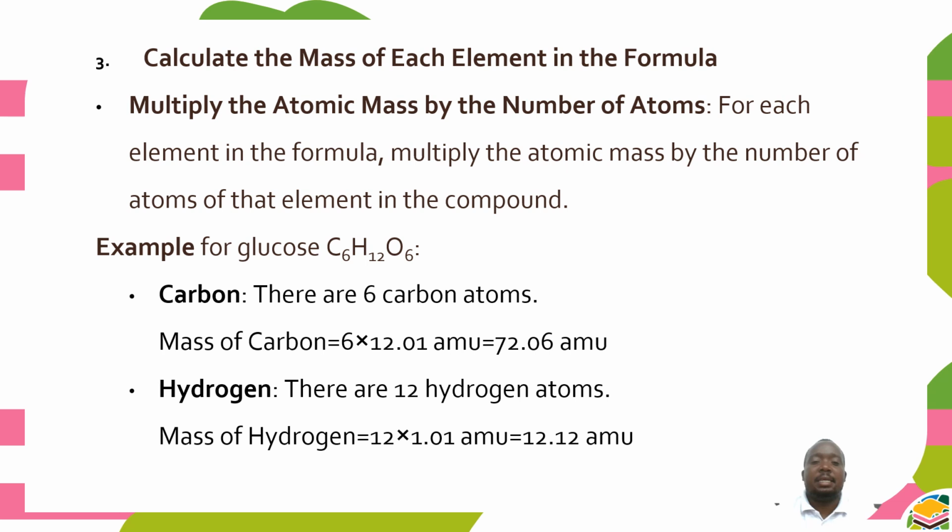For each element in the formula, multiply the atomic mass by the number of atoms of that element in the compound.